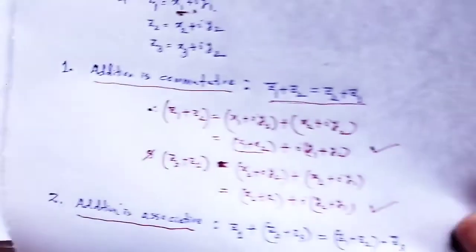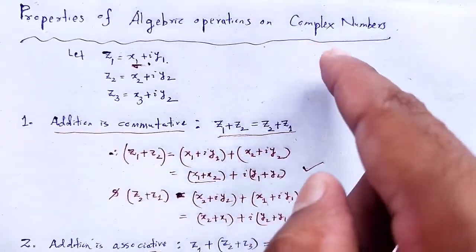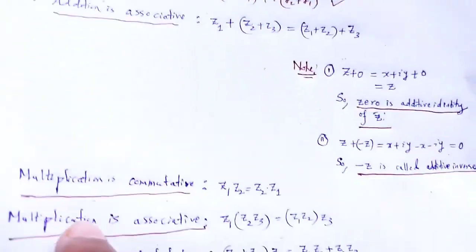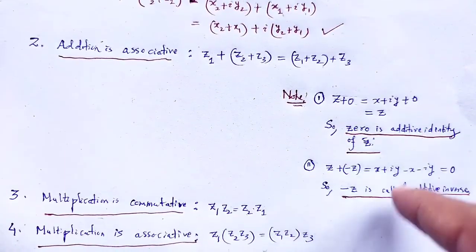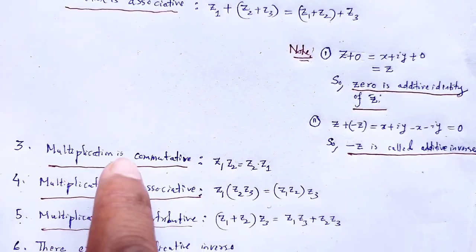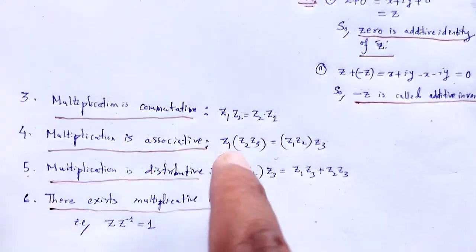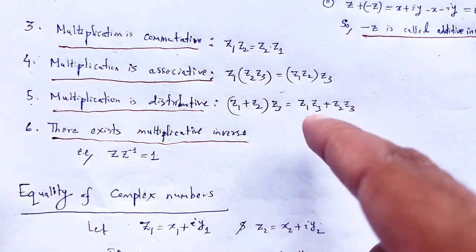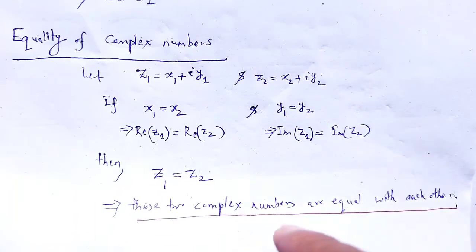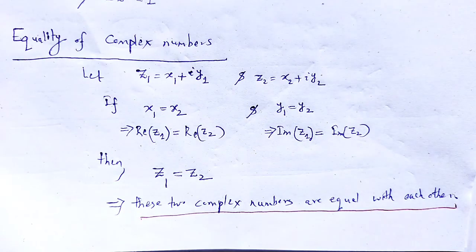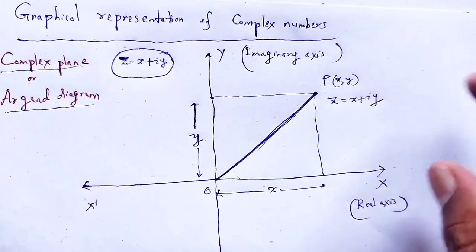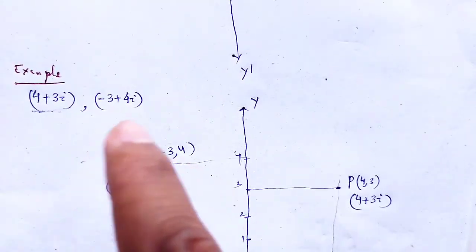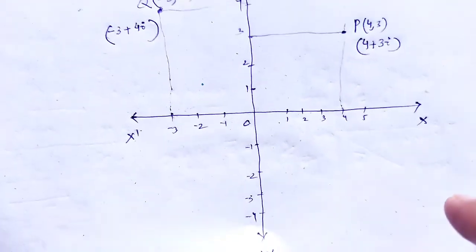Next, properties of algebraic operations on complex numbers: addition is commutative, addition is associative, additive identity and additive inverse, multiplication is commutative, multiplication is associative, multiplication is distributive, and there exists a multiplicative inverse, equality of complex numbers. Next, graphical representation of complex numbers. Example, how we represented a complex number in a particular graph.